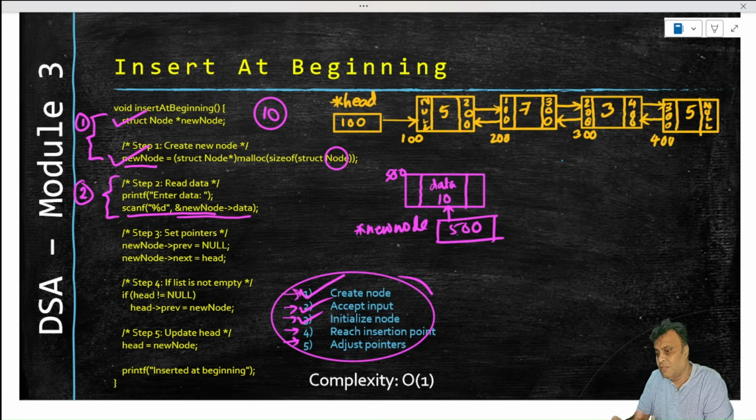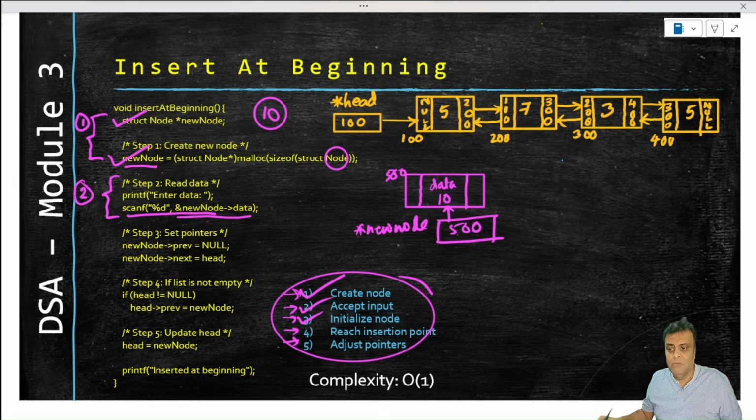Again, let me repeat: without understanding where it is supposed to insert, that means without understanding what the left node and the right node will be once it inserts, without going into that, which we will do later at step number 5. But here we are just trying to say, forget about everything. Can we put a value in previous or next which will always be the same, considering insert at beginning?